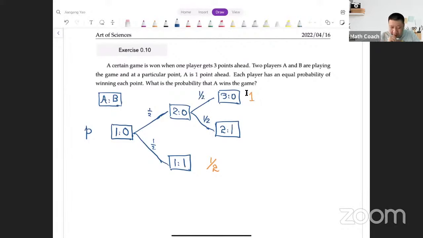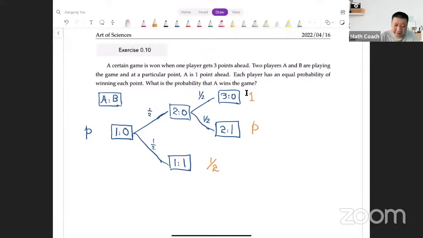So the 2, 1 could go to what? Okay. So now I should stop here because 2, 1 is still 1 point ahead, right? So the winning probability would still be P, right?